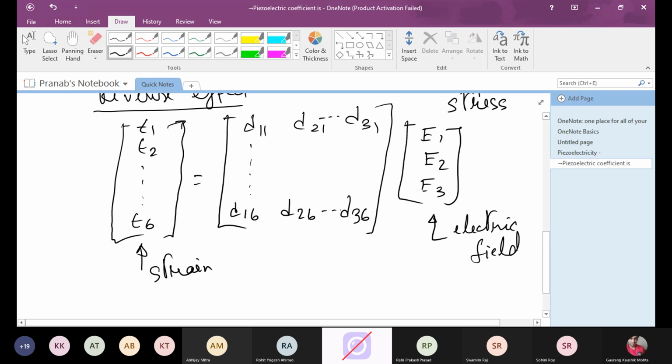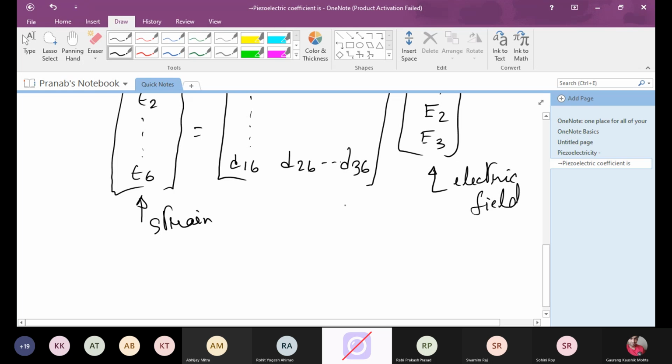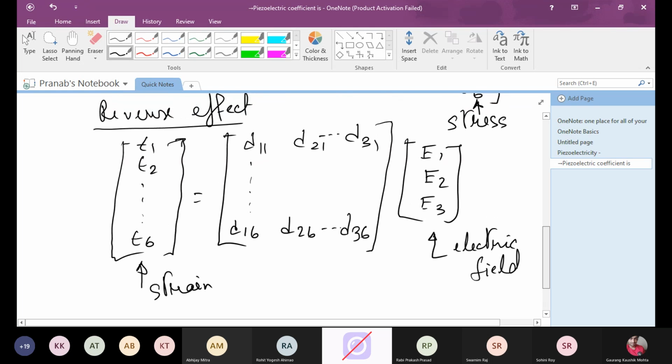So the mechanical deformation as strain is related to the applied electric field in the reverse effect.